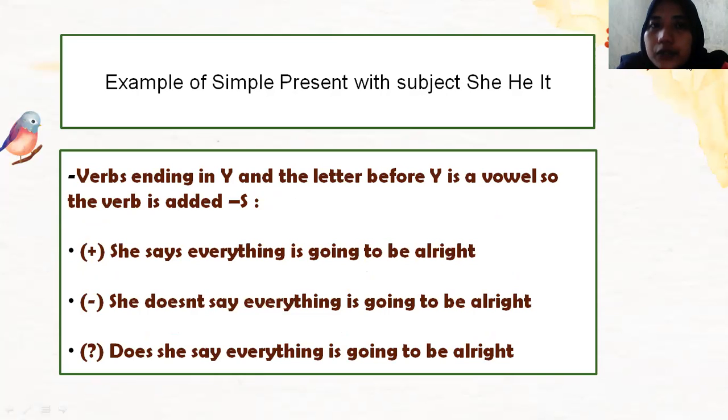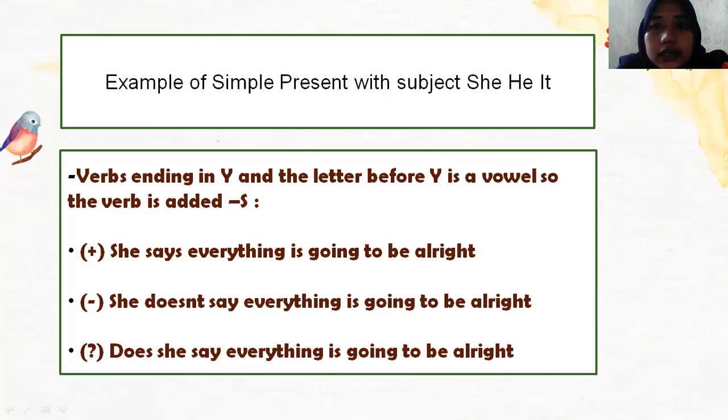For the examples of simple present with subject she, he, it. Number one, verbs ending in y and the letter before y is a vowel, so the verb is added s. The example for the positive: she says everything is going to be all right.